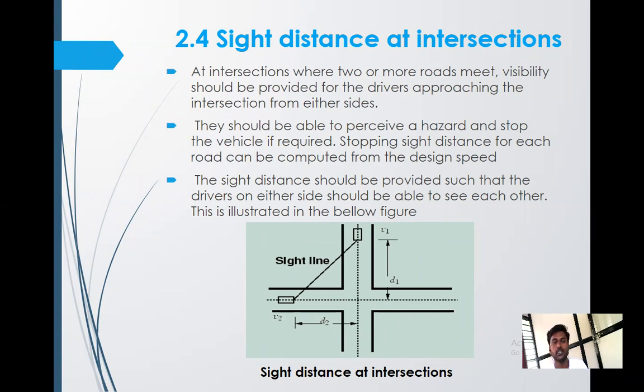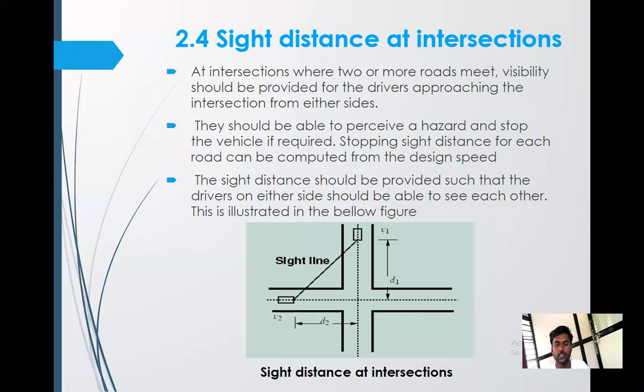Stopping sight distance for each road can be computed from the design speed. We have to compute how much stopping sight distance is required, and make that much area free for the sight distance. The sight distance should be provided such that the drivers on either side are able to see each other. This is illustrated in the below figure.